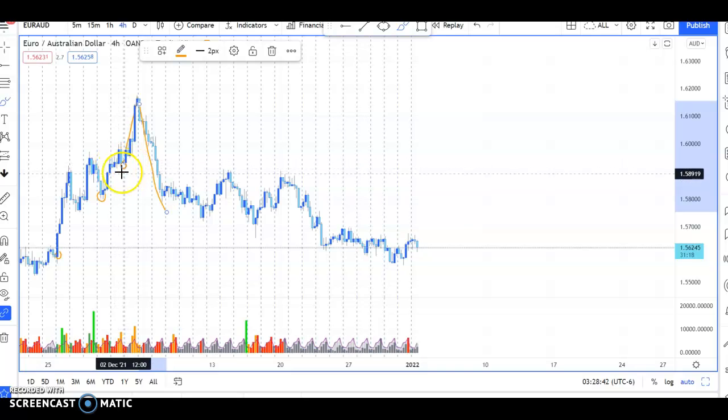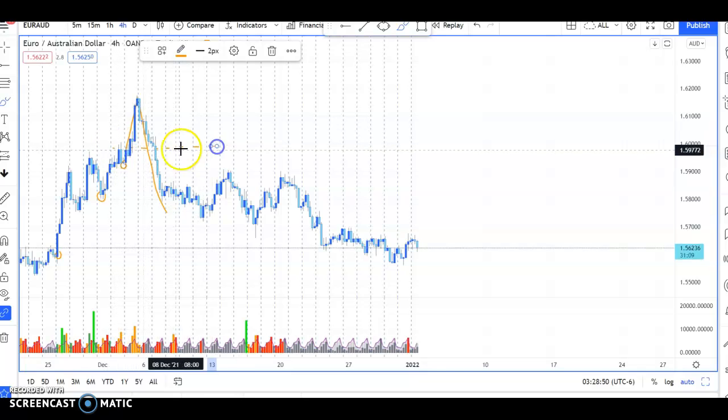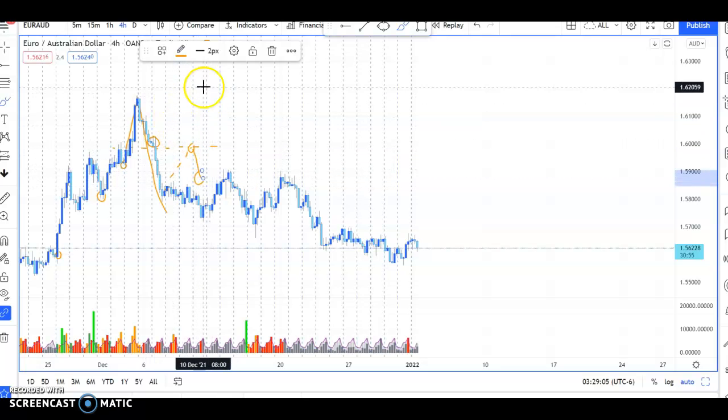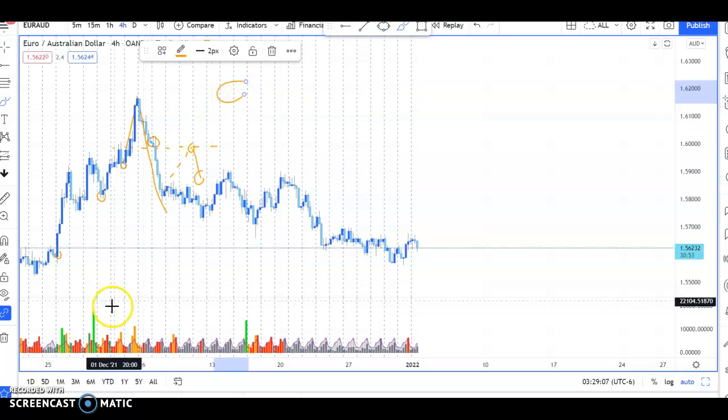Took out the last guy who started. So you would think that at this last S and R, some people attempted, and you can almost see some people attempted right here. So a logical area to look for to come back would be here for an attempt, and that would be a C type.